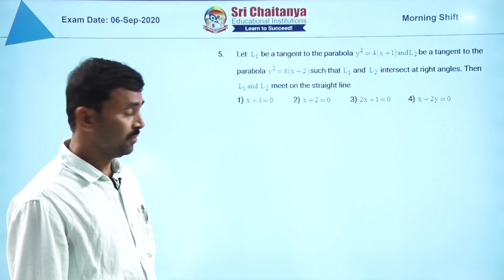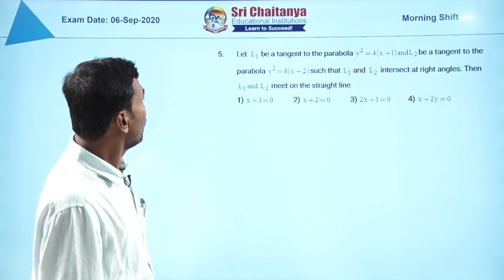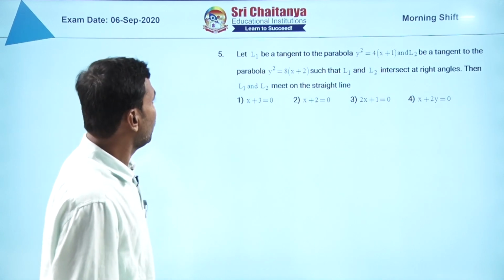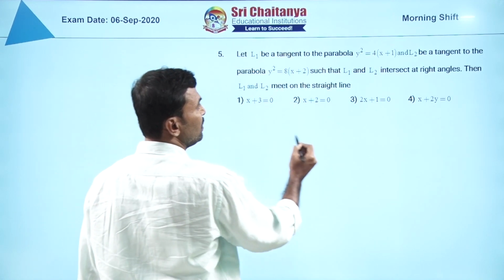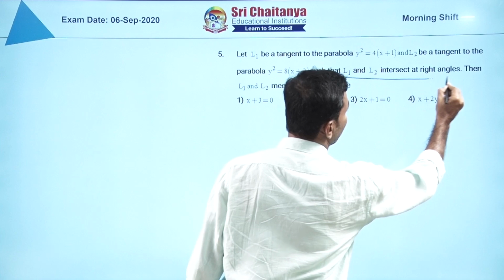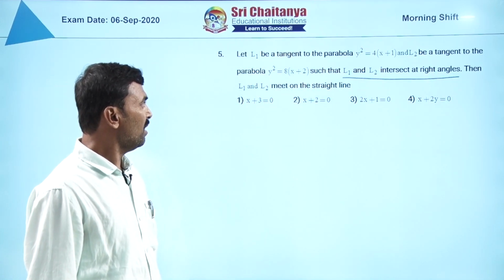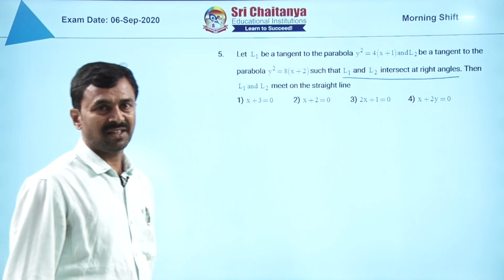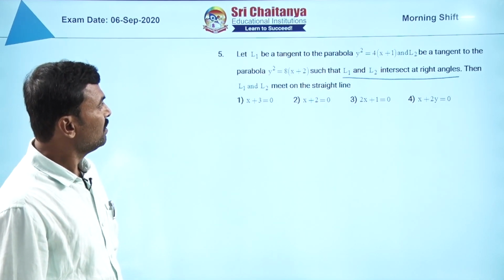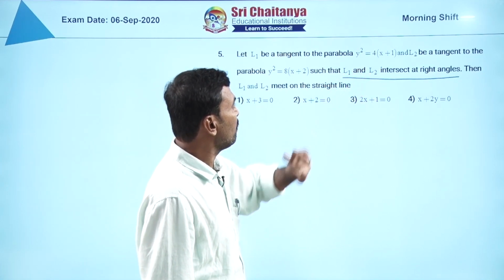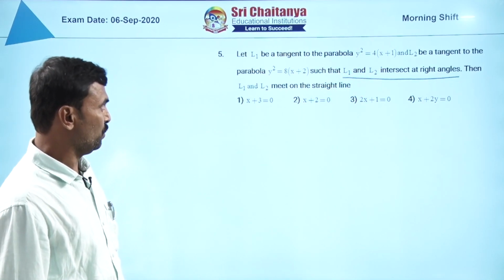Let us start the fifth question. L1 is a tangent to the first parabola, L2 is a tangent to the second parabola such that L1 and L2 intersect at right angle. Then L1 and L2 meet on which straight line, he is asking. For that, let us try to write the equations of the lines L1 and L2.